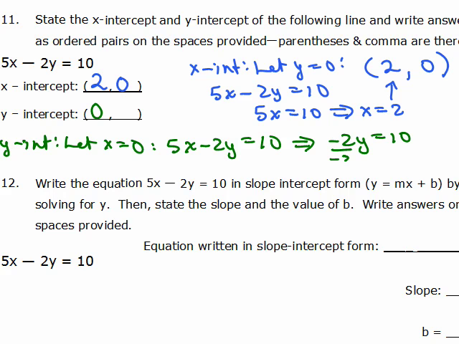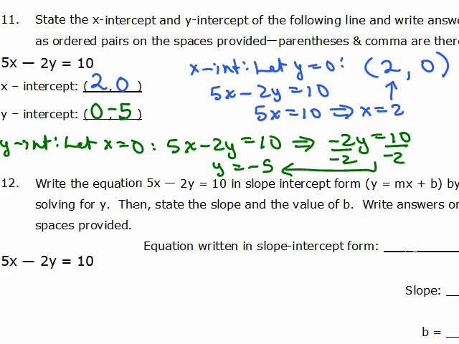So when you divide by negative 2, y is negative 5. Okay? So you should make sure you believe that. If you put in 2 for x and 0 for y, this is a true equation. And if you put in 0 for x and negative 5 for y, that's a true equation.